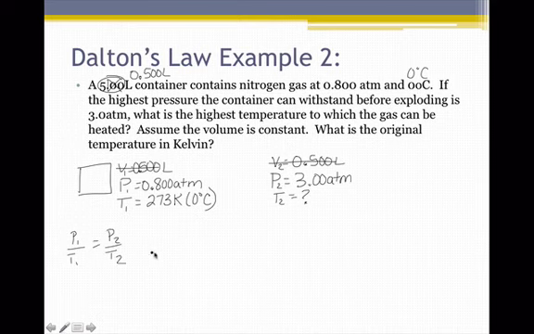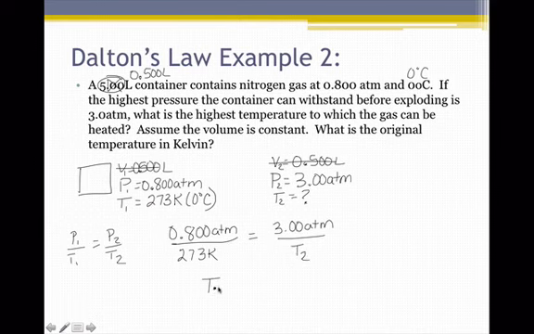And then I just plug and chug. So P1 was my 0.8 ATMs. T1 is 273 Kelvin. My next pressure is 3 atmospheres. And I'm looking for the temperature that it can withstand.